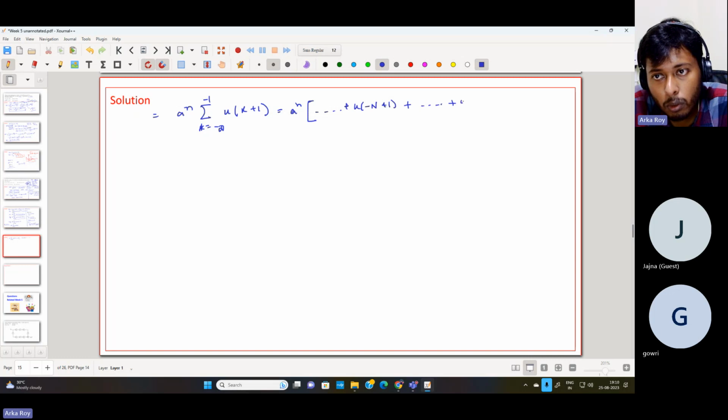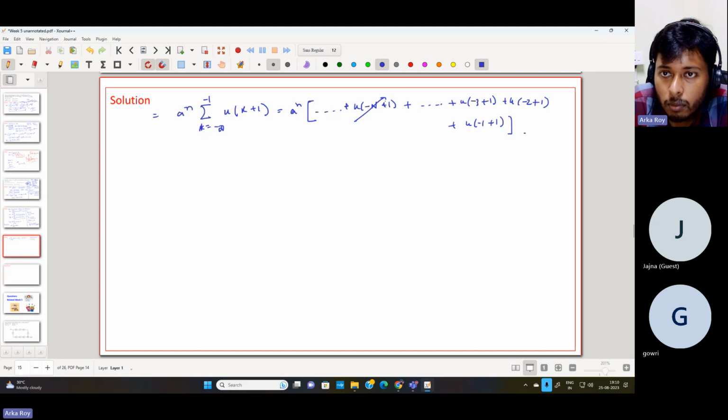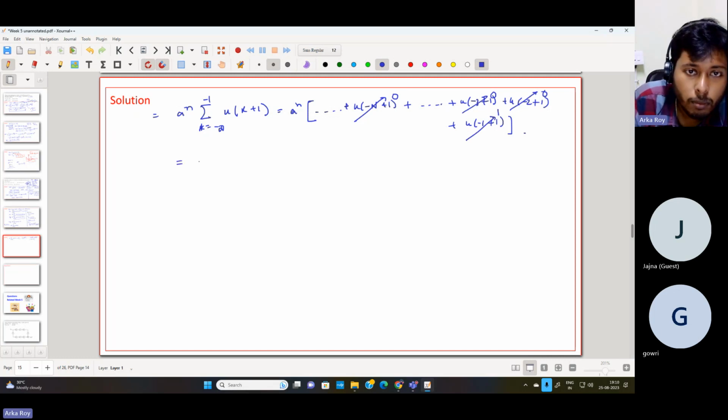Then it will go, let's say, u of minus 3 plus 1, u of minus 2 plus 1, and u of minus 1 plus 1. So I can see this will lead to 0, this will lead to 0, this will lead to 0, and this will give you 1. So therefore, a to the power n multiplied with 1.